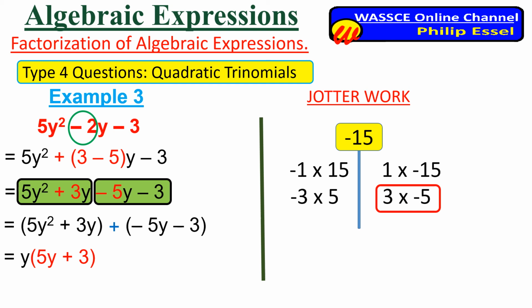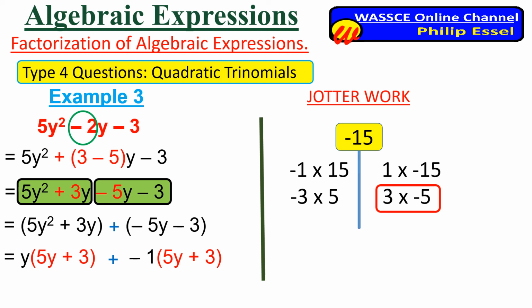We will then show our plus sign, then we would also factorize the negative 5y minus the 3. When we do that, we would get negative 1 outside of the bracket, then within the bracket we would have 5y plus 3, bracket closed.